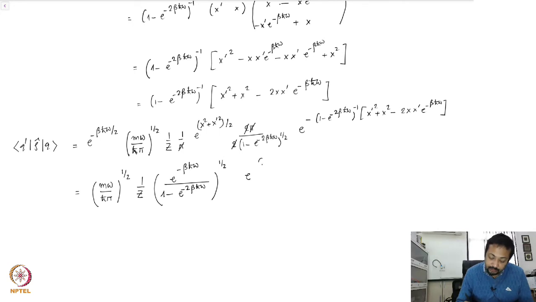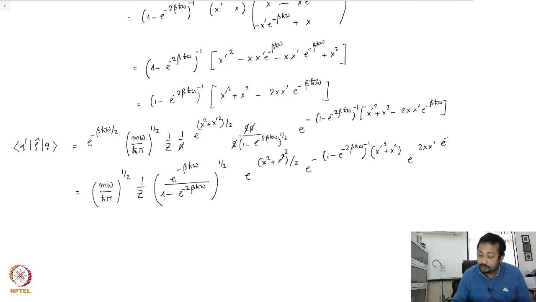I have then e to the power (x square plus x prime square) by 2, e to the power minus (1 minus e to the power minus 2 beta h bar omega) inverse, and I have (x prime square plus x square) times e to the power 2x prime e to the power minus beta h bar omega, (1 minus e to the power minus 2 beta h bar omega).